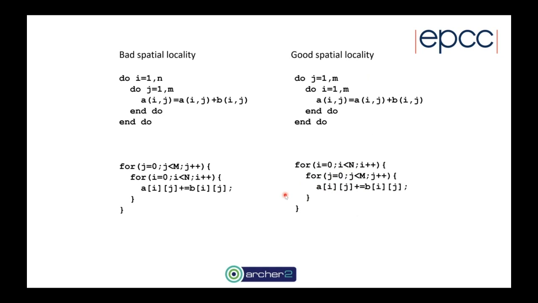But in reality, of course, your codes are not as simple as this, and they're more complex loops, and it becomes much harder for the compiler to spot poor access patterns inside complex loops. So this is the real point: if you get this wrong, you get very slow performance. If you get this right, you get much better performance.